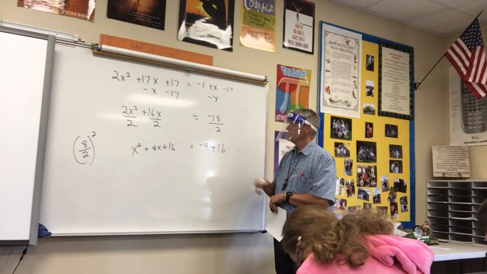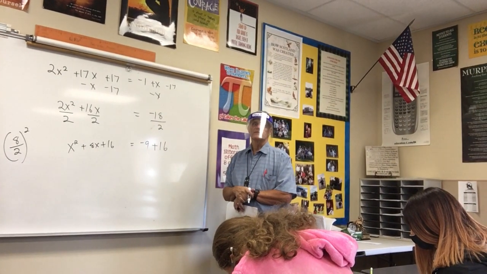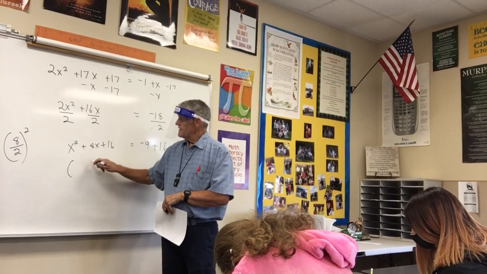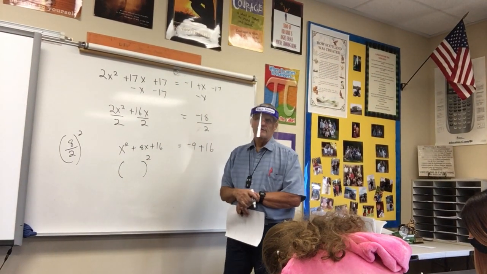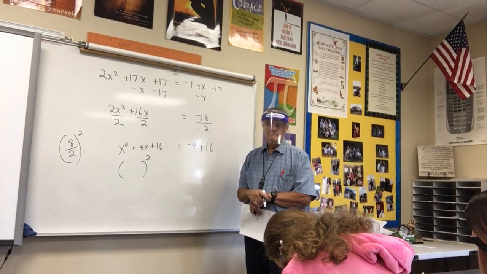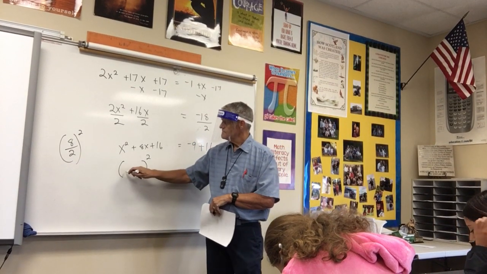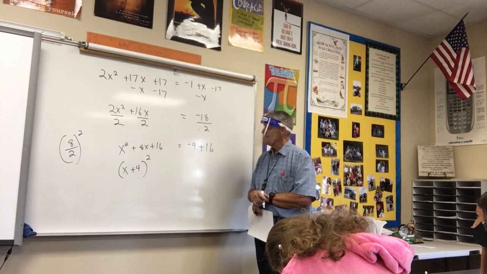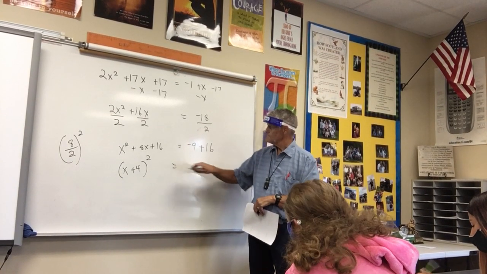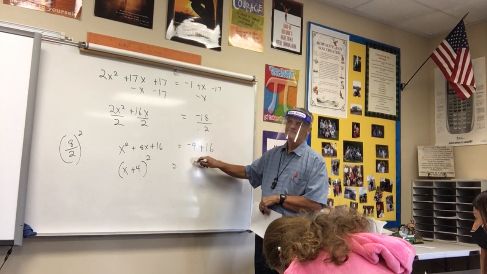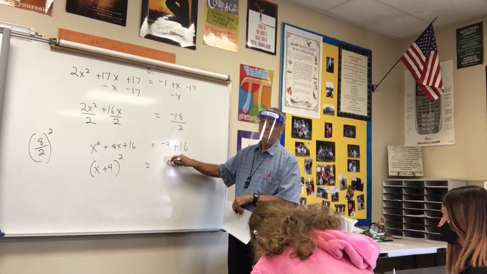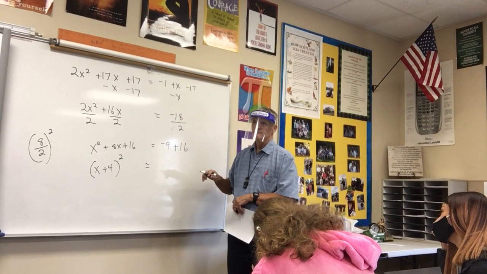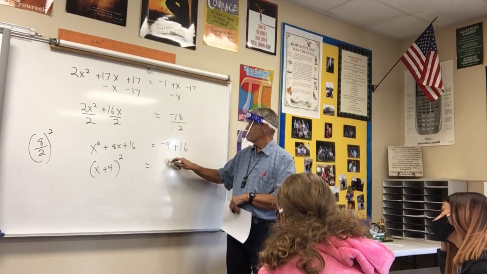Plus 16. Same thing as before. This here, again, it's going to be a square. No difference after that point. Equals what? Negative 9 plus 16. 7.